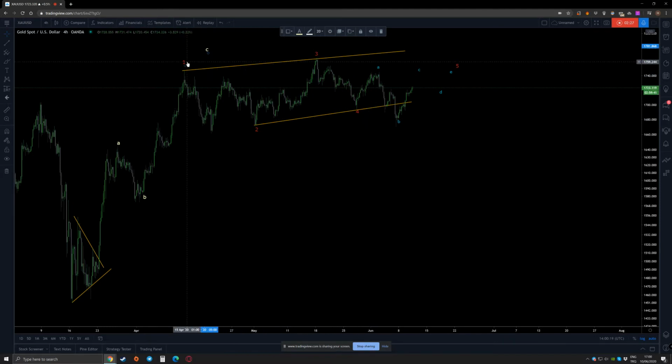Now, why did I label it like this? Well, if I put wave 1 here, and wave 2 here, and then 3, 4, and 5.